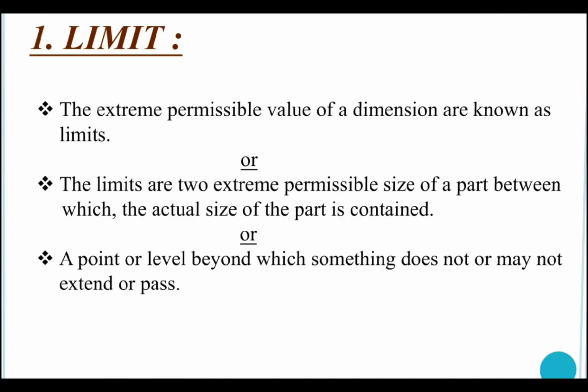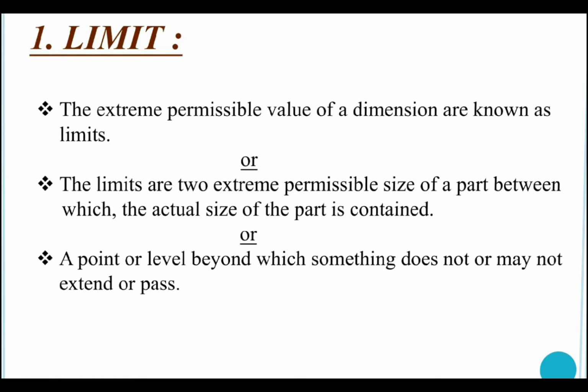First one is limit. The extreme permissible values of a dimension are known as limits, or we can say the limits are the two extreme permissible sizes of a part between which the actual size of the part is contained, or a point or level beyond which something does not or may not extend or pass.